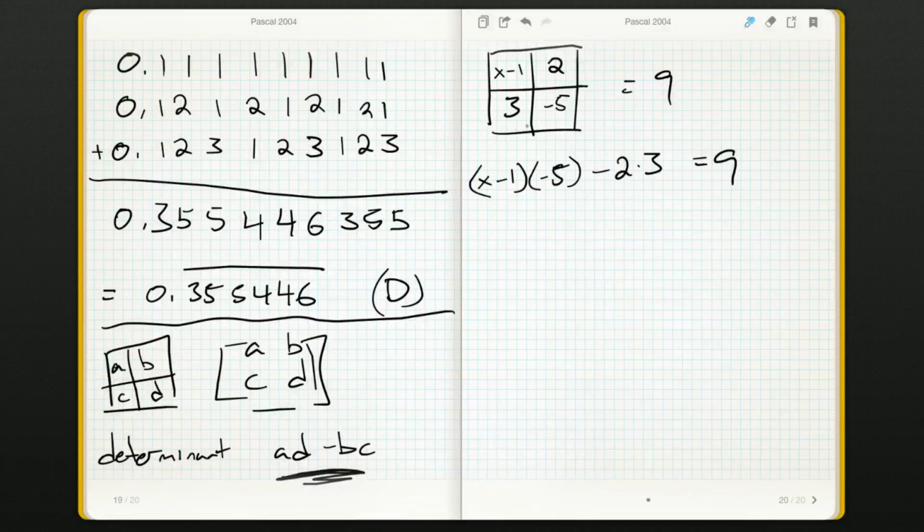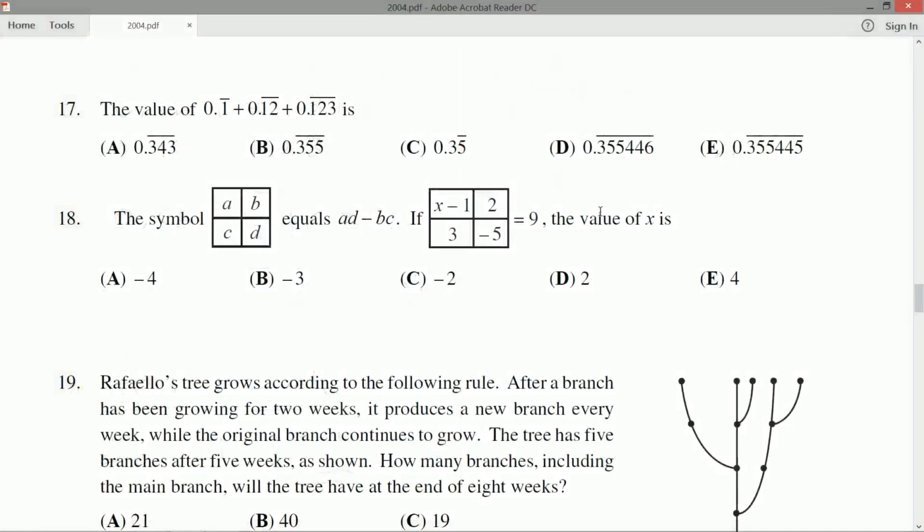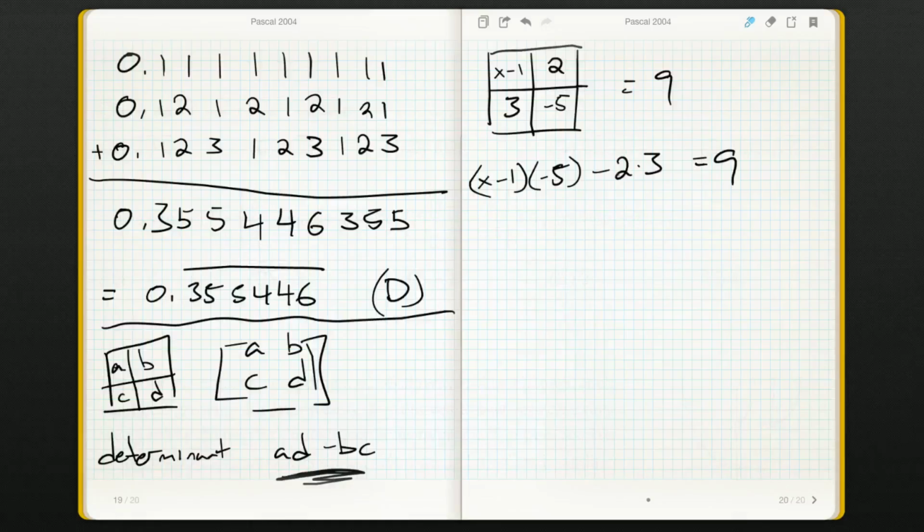All we've done is change the symbol on the left-hand side into an actual expression, this expression AD minus BC, the 2 by 2 matrix determinant. Alright, and now we can start simplifying.